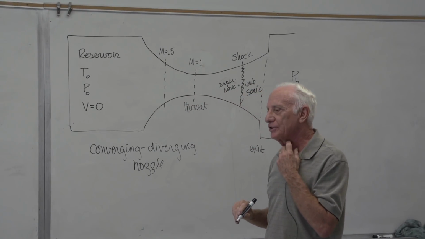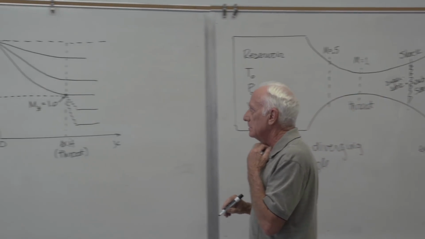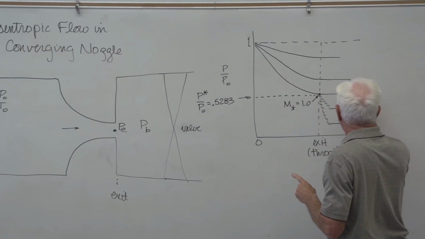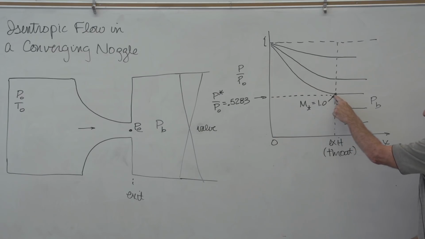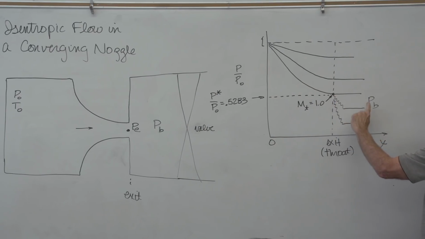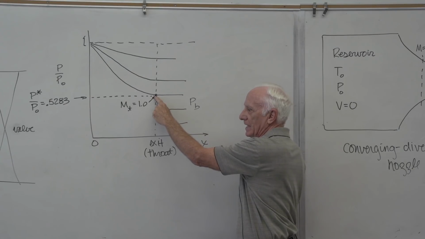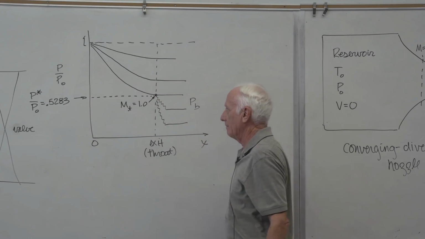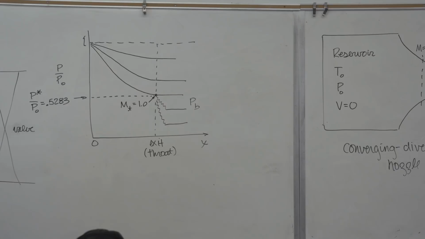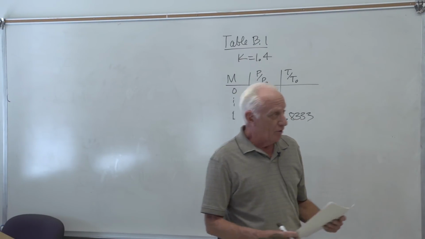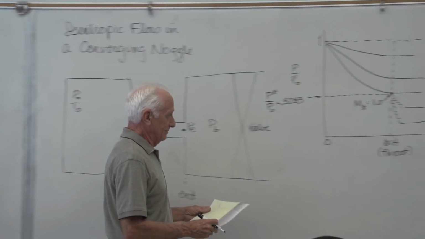They're called expansion waves. Notice when I reduce that, this is the back pressure, and this is the exit pressure. When I reduce the back pressure, the exit pressure doesn't change. So no more flow goes through the nozzle.